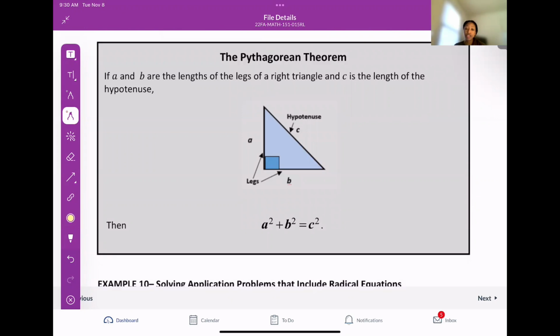If you have a right triangle, the two sides of the triangle that form the right angle are called the legs, and the longest side of the triangle is called the hypotenuse. And the relationship between the length of those three sides is, we call the legs A and B and the hypotenuse C. A squared plus B squared equals C squared. Again, this gives us a relationship between the length of the sides of a right triangle.